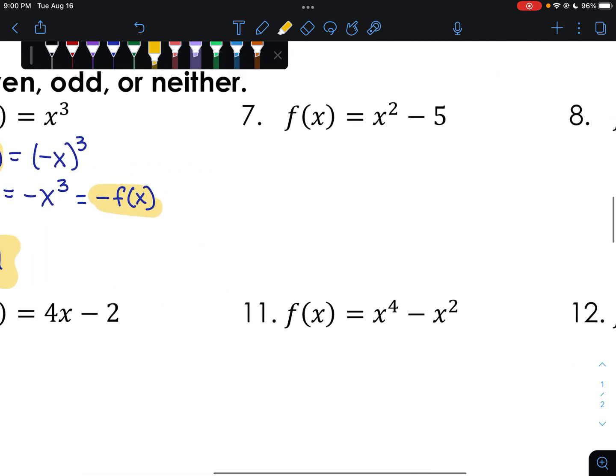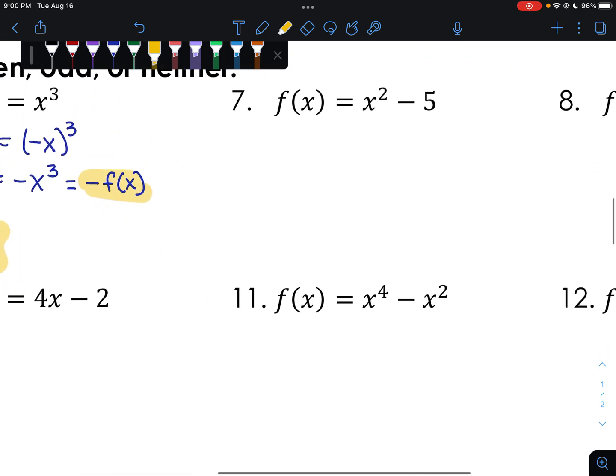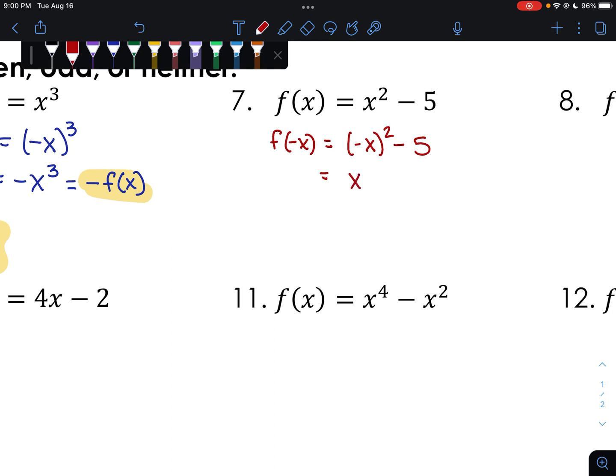So looking at number 7, we have f of x equals x squared minus 5. So we're going to evaluate at f of negative x. When I do that, I plug in negative x for each x, like this. We know that negative x times negative x is a positive x squared.